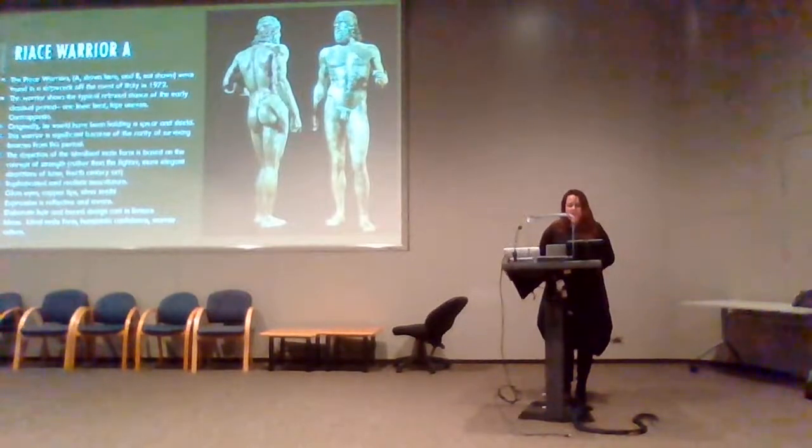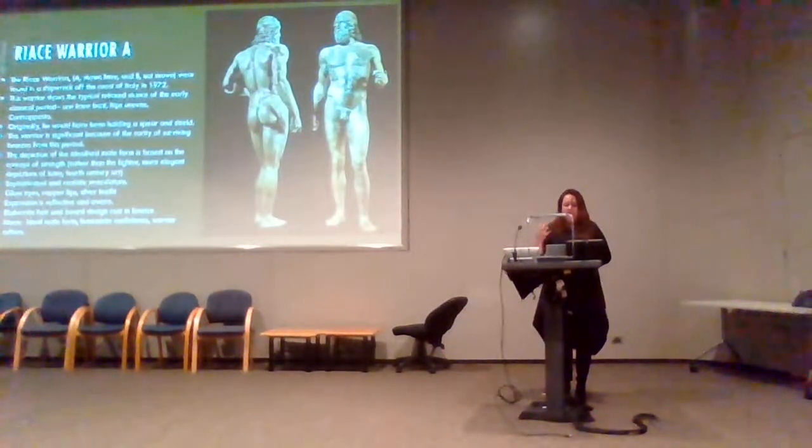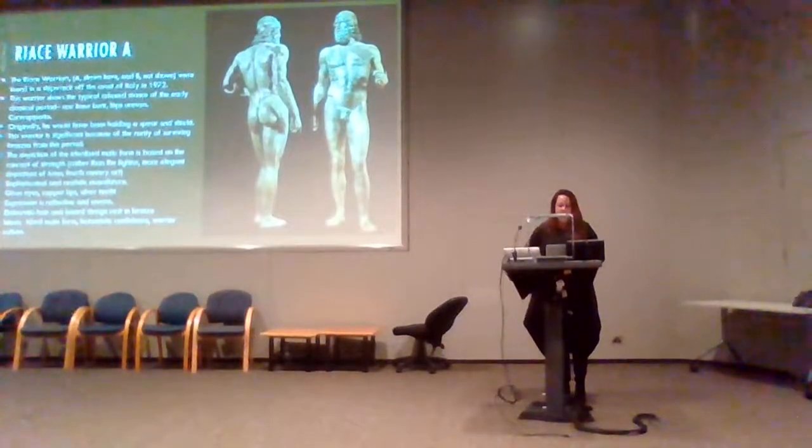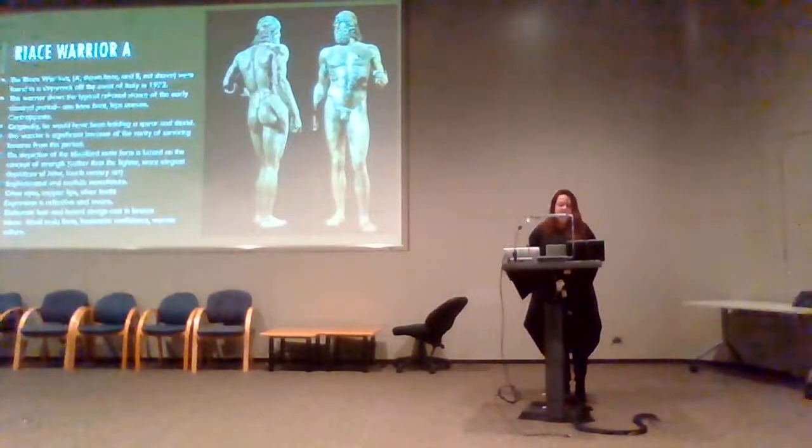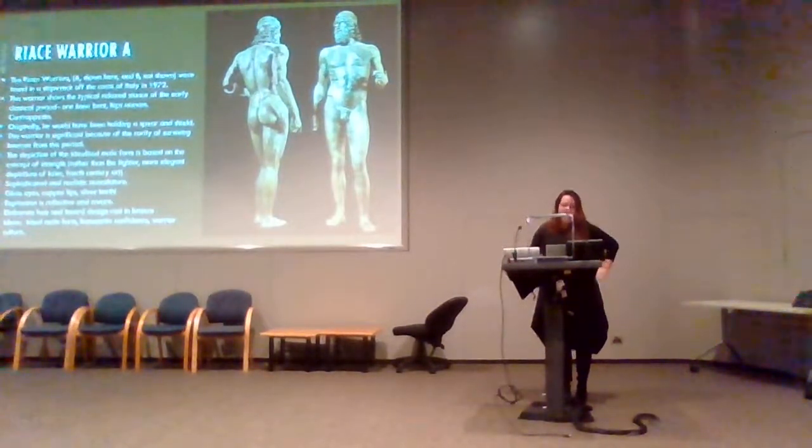Relaxed stance. This picture is obviously from the back and the front, but looking at the front of the warrior, we see the relaxed stance and the way in which he has one knee bent. He's got contrapposto, the hip a little bit. He's got a very serene, calm expression.